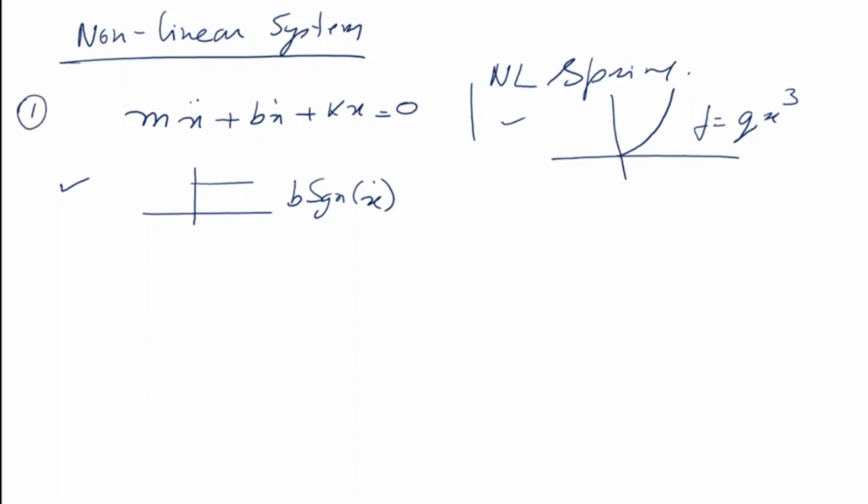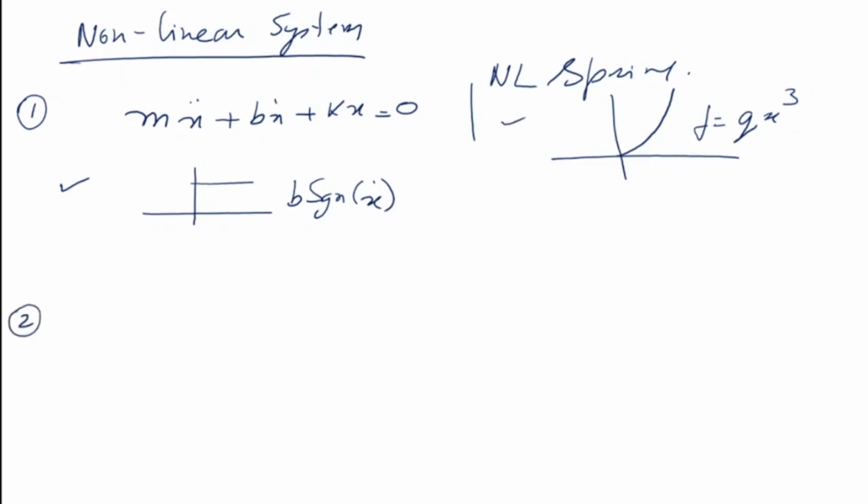What about M? M is also not a constant. Why? Because the robot will pick up some mass and it's going to leave the mass again, so that M is going to vary. And with time there is going to be some wear and tear, which is very small and can be neglected. But a robot picks up mass, so the mass at the end effector is going to change. So spring and friction are two sources of nonlinearity in the system.